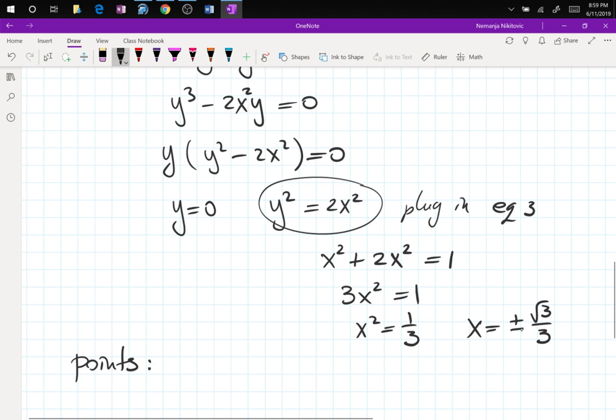What are my points? Root 3 over 3 and 0. And negative root 3 over 3 and 0.